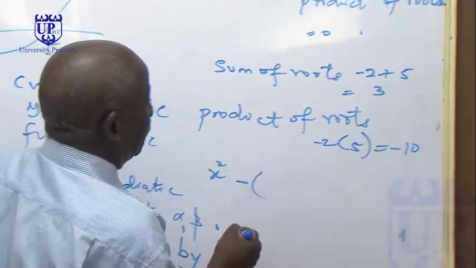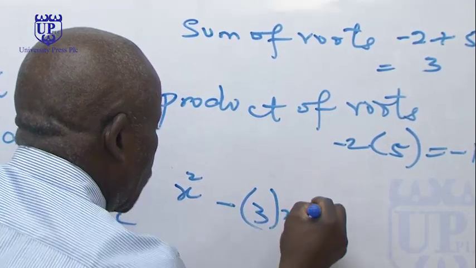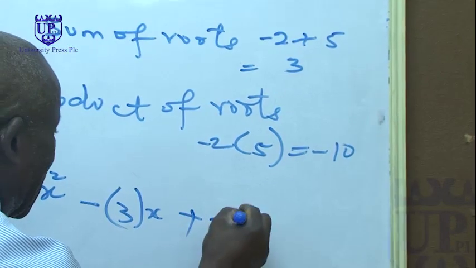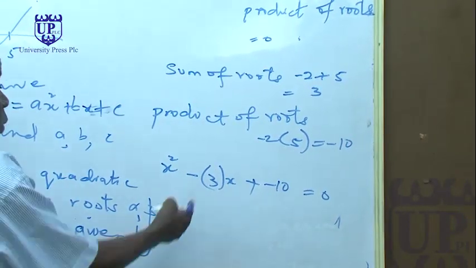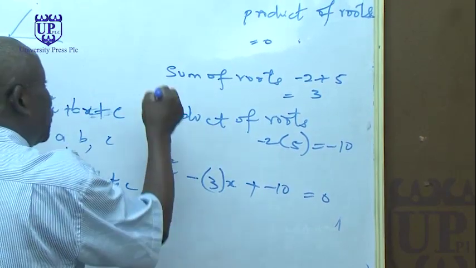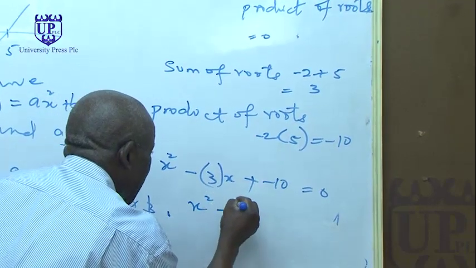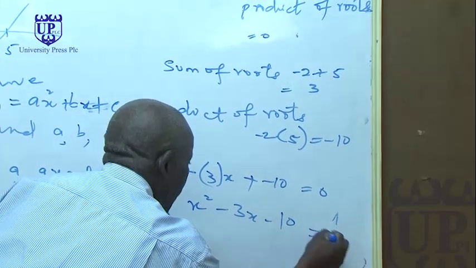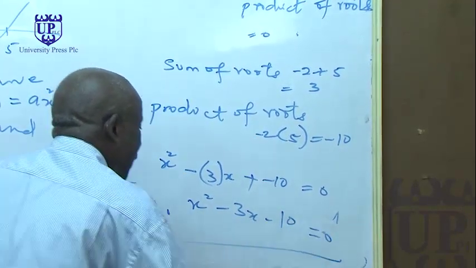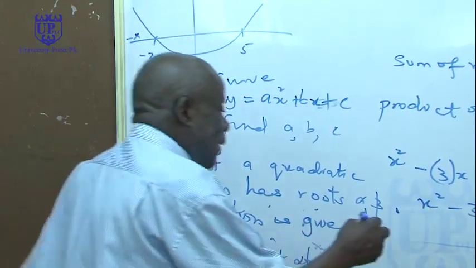What is the sum? 3. x plus product. What product? Minus 10. Everything equals 0. You don't leave it like this. You simplify: x raised to power 2 minus 3x minus 10 equals 0. That is the equation.